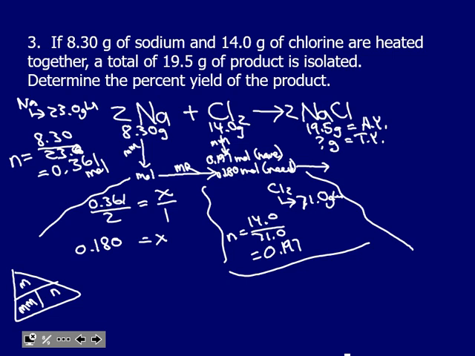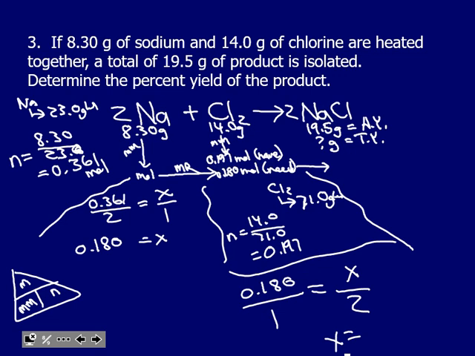So I could do a mole ratio. I'll do it down here. The mole ratio of 0.180 over 1 back up to 2, x over 2. So that's getting bigger, twice as big, so I'm doubling that. Bring in the 2 up there.